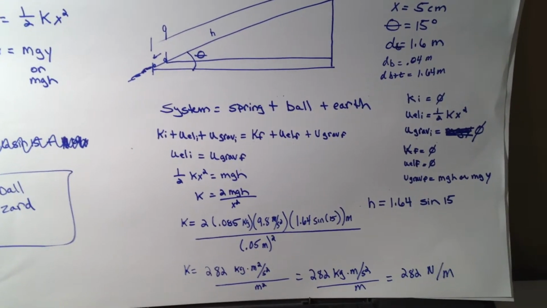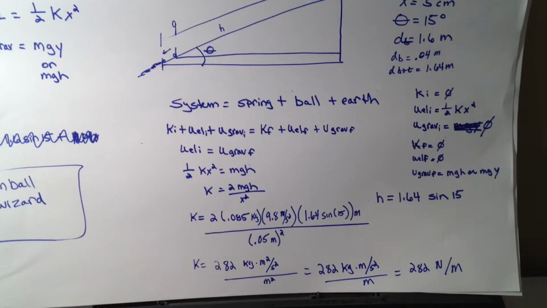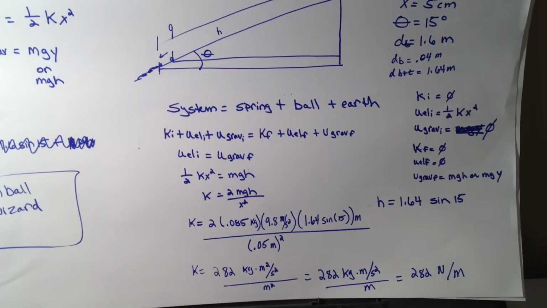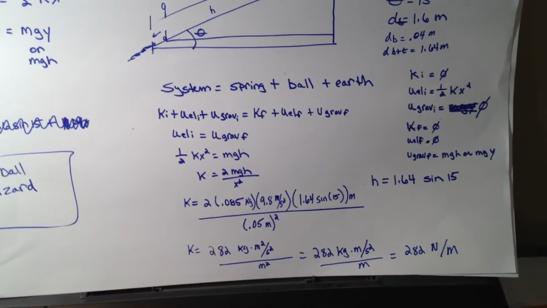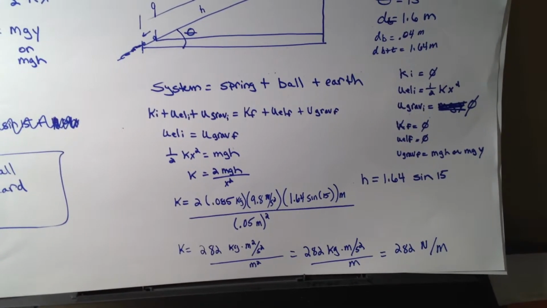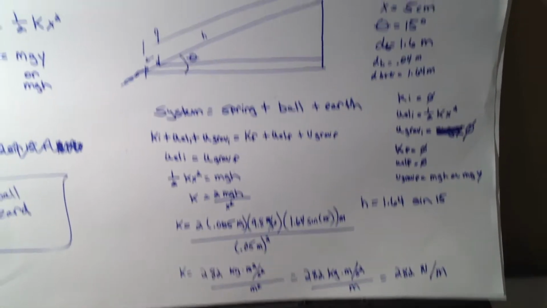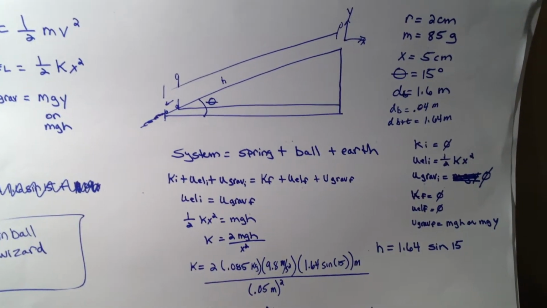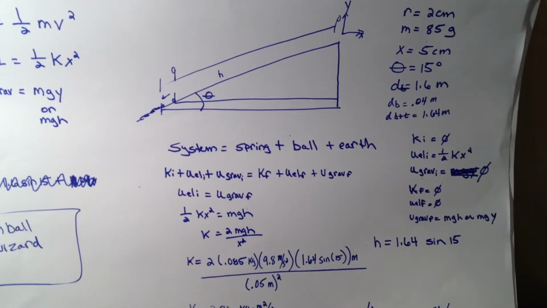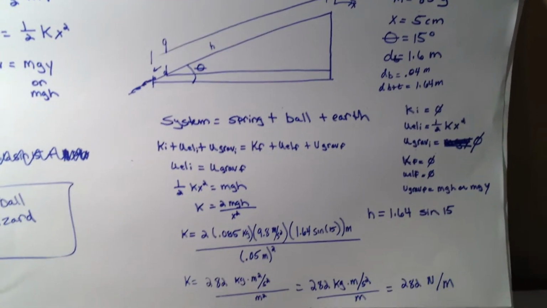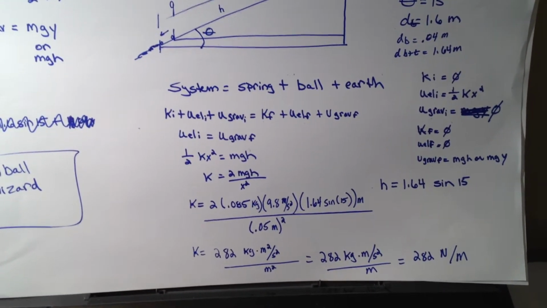Then we've got U elastic equal to 1/2 kx squared, where k is the spring constant and x is the distance of the spring compression. U gravity initial we're going to set to 0 because it's at the bottom of the table; as our reference point goes, there's no potential there.